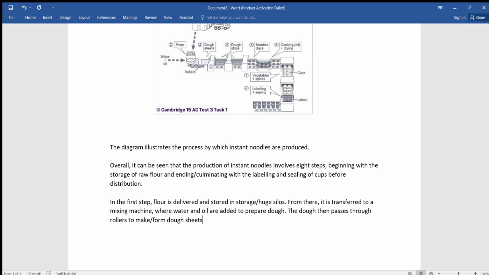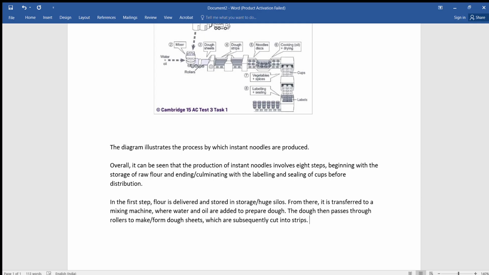Okay, and in the next step, dough sheets are cut into strips. So you can say which are subsequently, which means in the next step, subsequently cut into strips.